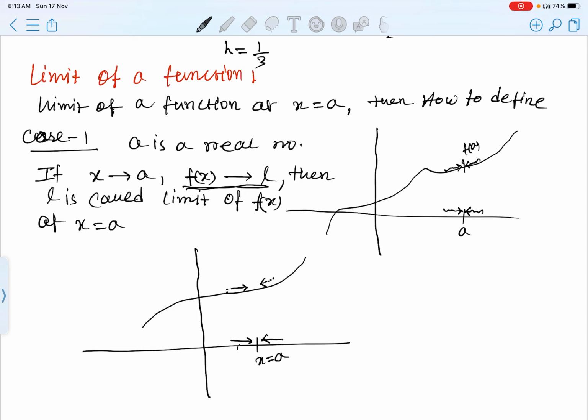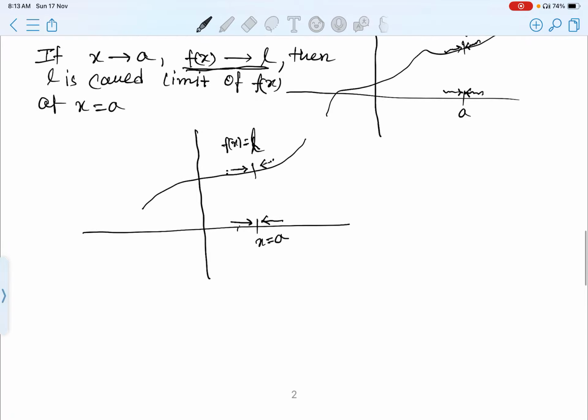Clear now? If they are coming to a particular value, which is L, this L is called the limit of that function. Clear?